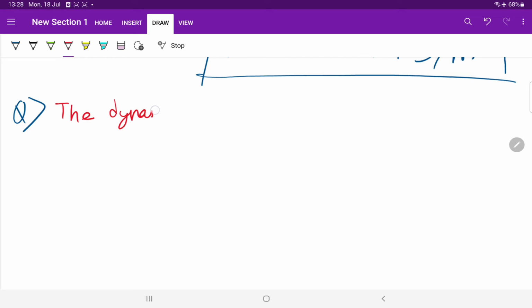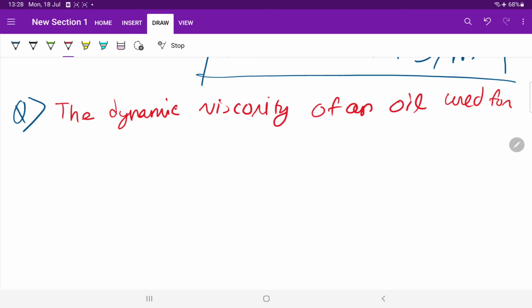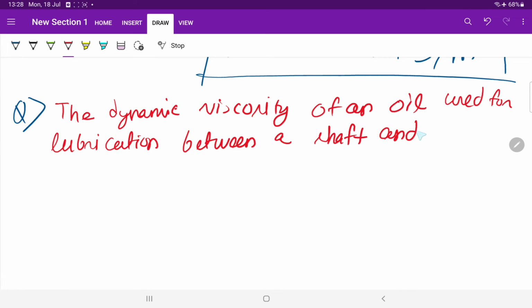The dynamic viscosity of an oil used for lubrication between a shaft and sleeve is 6 poise.